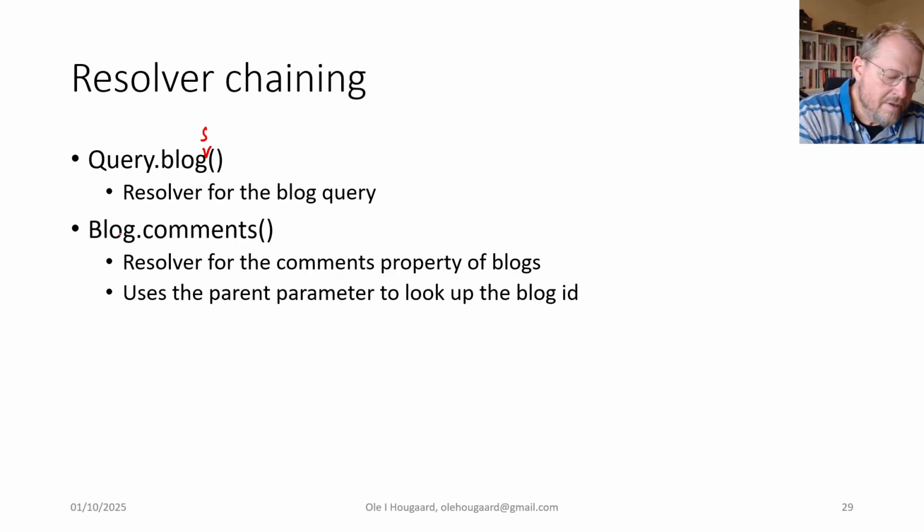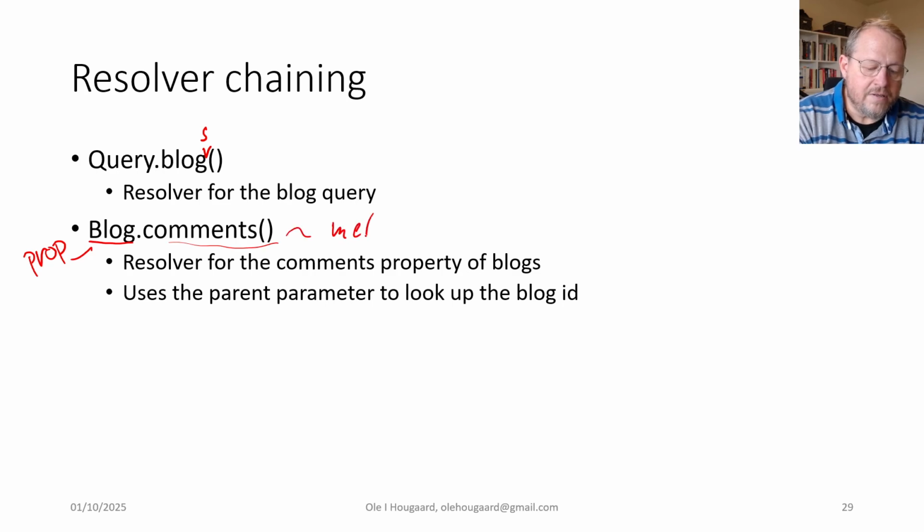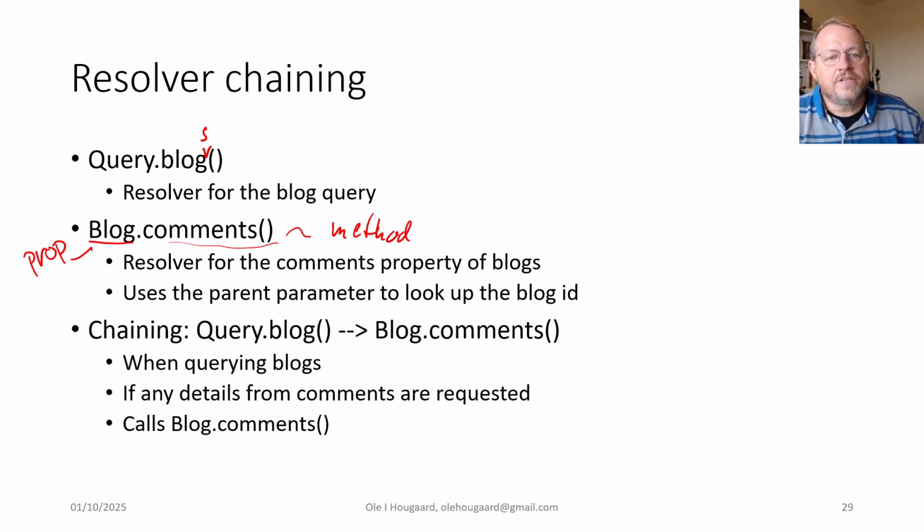So this is a property, and then this is a method in that object that the property belongs to, right? That gets the comments for the blog. And the way this works is resolver chaining.